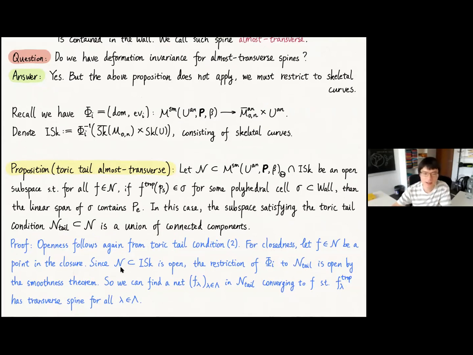Since N in ISK is open, the restriction of phi I to this N tail is also open by the smoothness theorem, because we have this open inclusion, and by the smoothness theorem we have an étale map. An étale map is open, so the restriction of phi to N tail is open, so we can find a net f lambda in N tail convergent to f such that the associated tropical curve f trop has a transverse spine for all lambda.